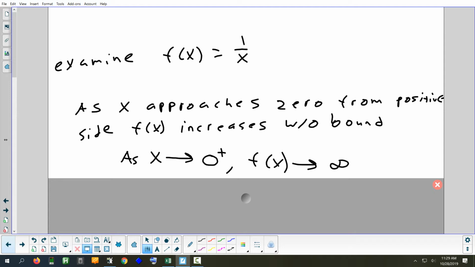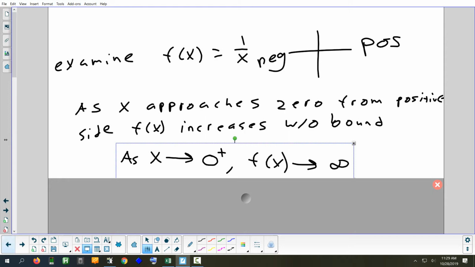As you approach 0 from the positive side, this is the positive side, this is the negative side, this is the notation that you write. This means as x approaches 0 from the right. Plus sign means from the right, positives. Your y value approaches infinity, because it curves up.